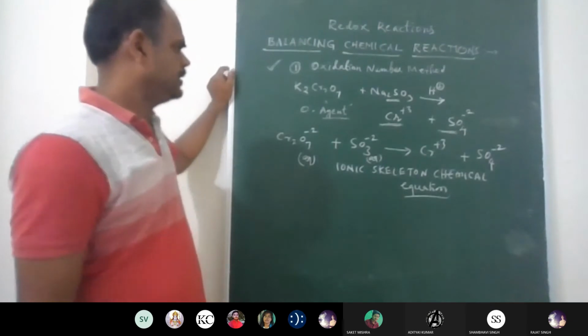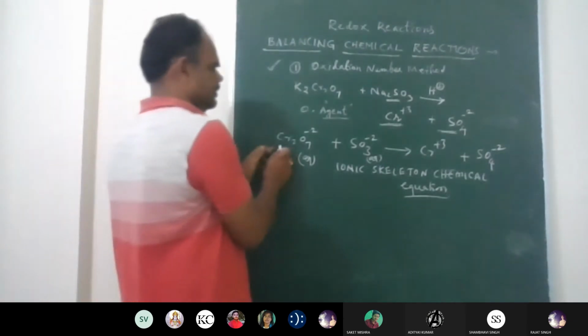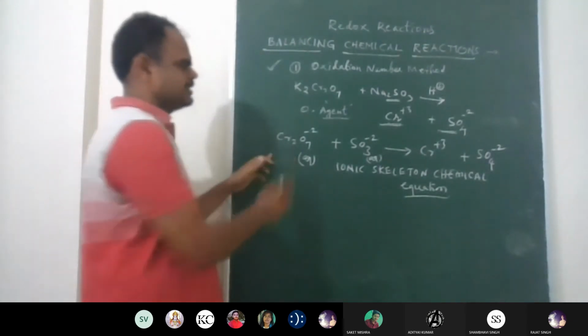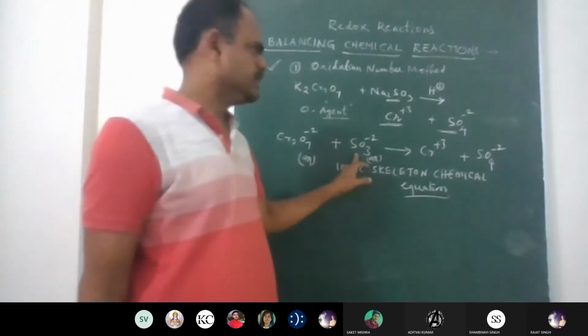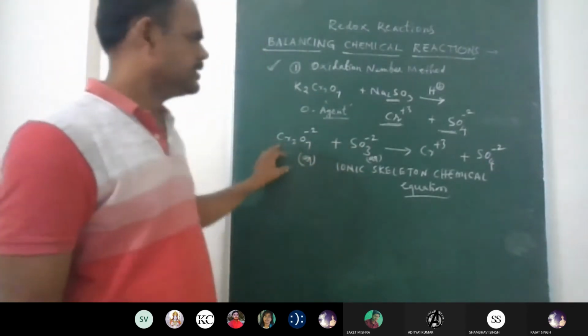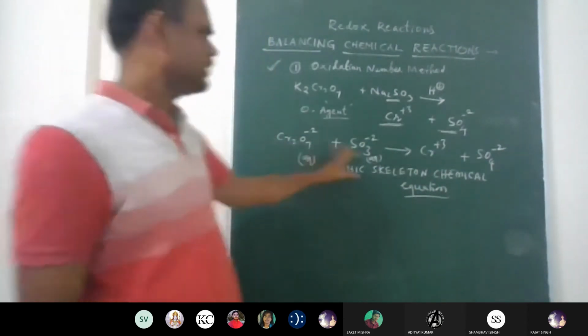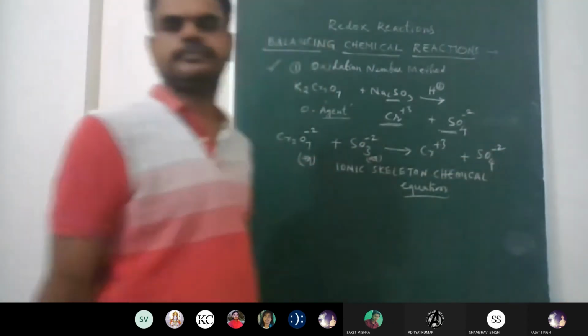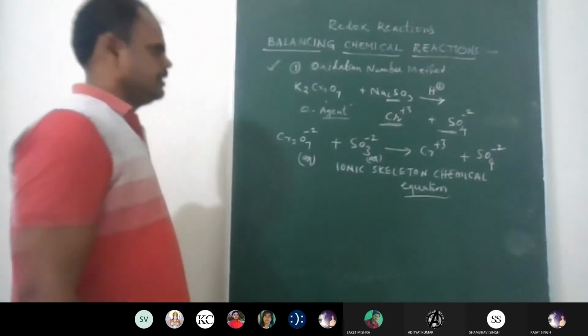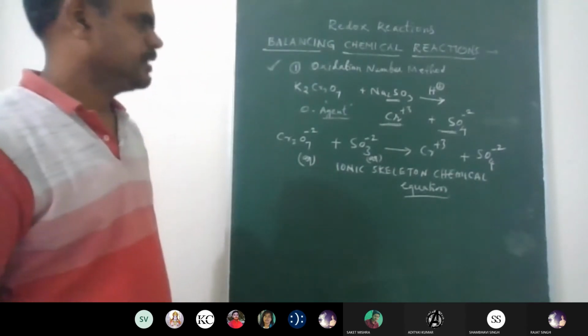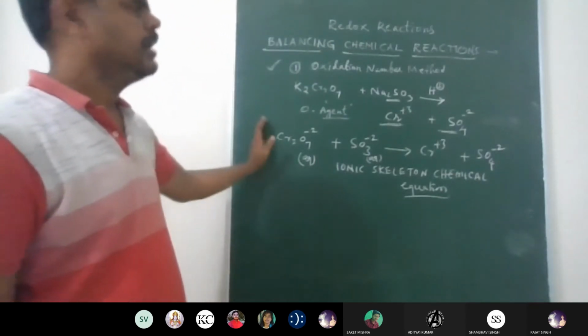Dichromate is the oxidizing agent, sulfite is the reducing agent, and this skeleton equation is unbalanced.